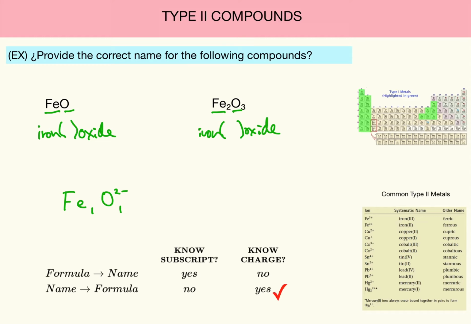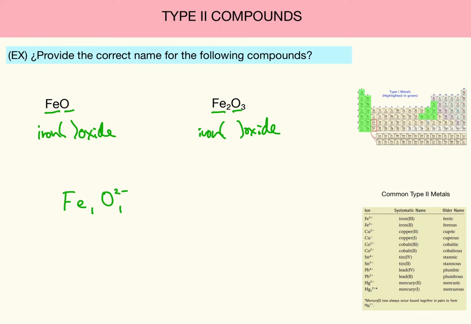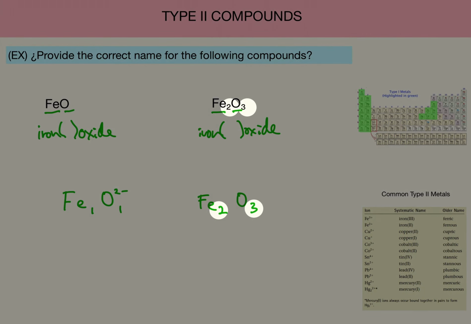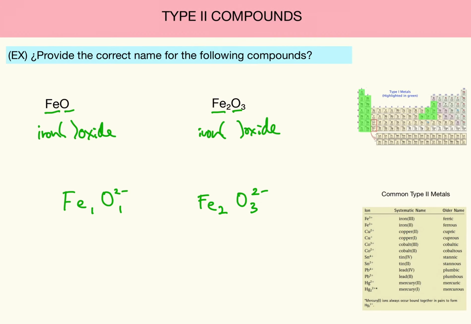You know the charge, but you don't know the subscripts. And how about the second compound? Well, we know we have 2 irons and 3 oxygens, and each oxygen has a -2. The quest then becomes, what is the charge of the metal? Because that's what is going to go in parentheses.